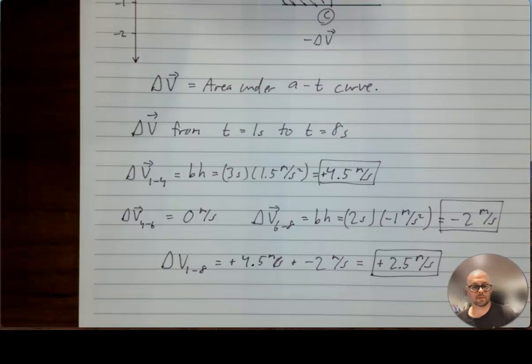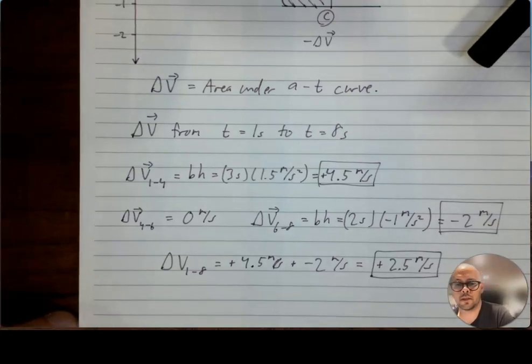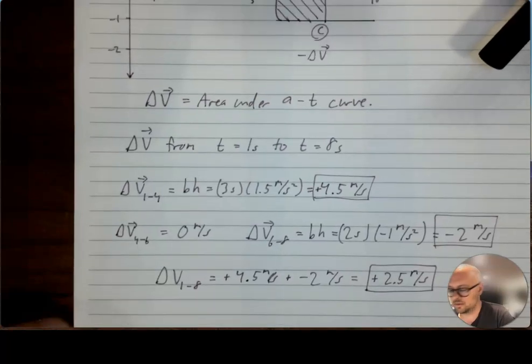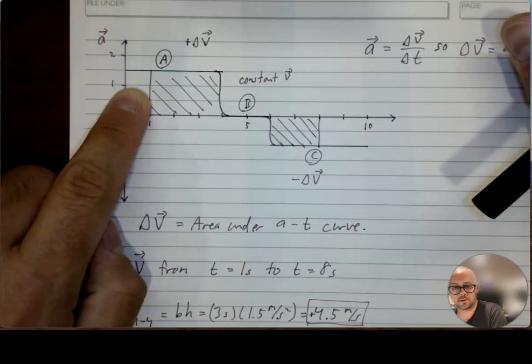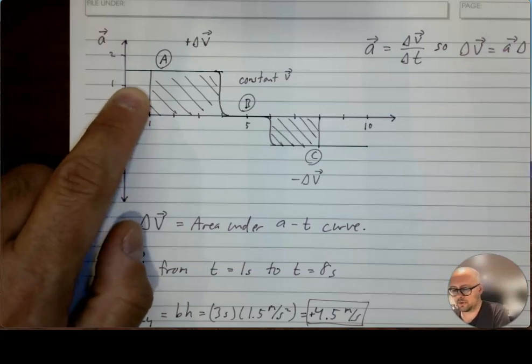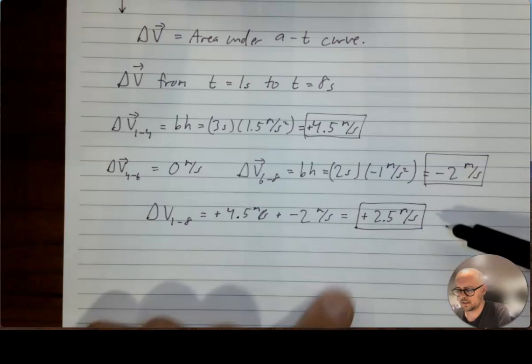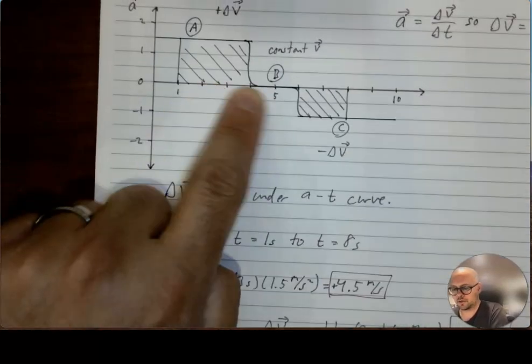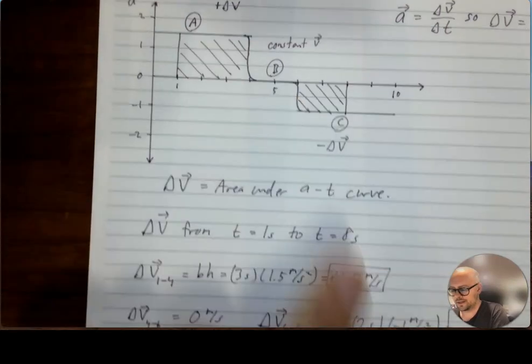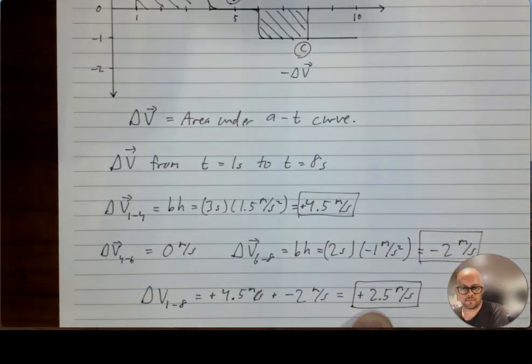Again, that's how you would work with it mathematically or quantitatively. Again, we don't know anything beyond this change in velocity. We have no idea what the initial velocity was. So if the initial velocity was like positive 10 meters per second, then this object sped up, had constant velocity, slowed down, and is still moving with a positive velocity.